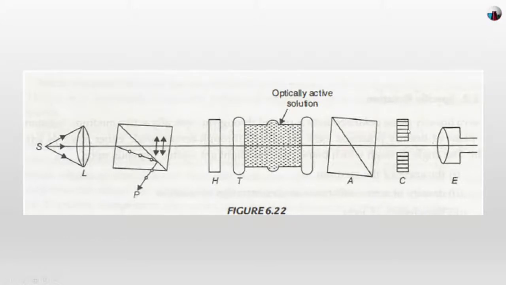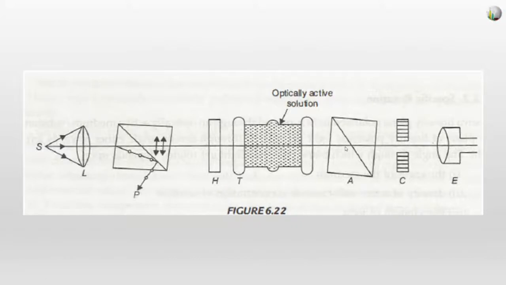Now the tube is filled with optically active solution and it is set in its proper position. The optically active solution rotates the plane of polarization of the light emerging out of the polarizer P by some angle. So the light is transmitted by the analyzer A and the field of view of the telescope becomes again bright.